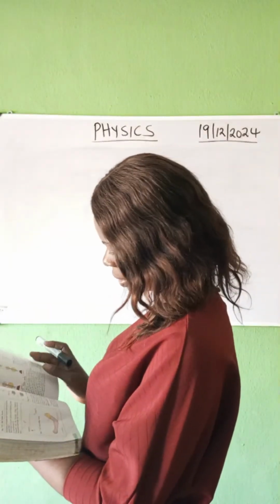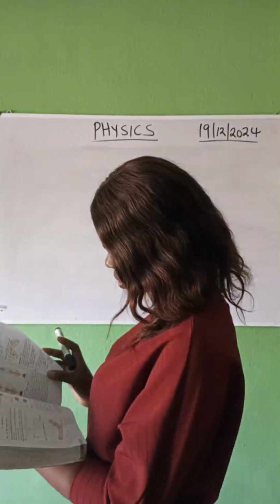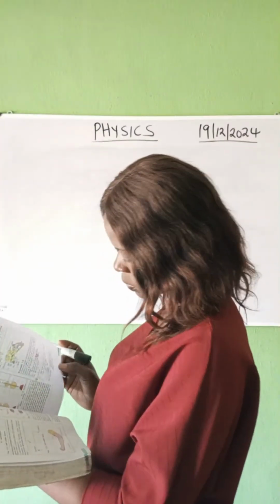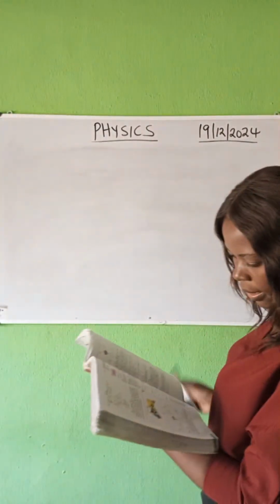So let's look at the next type of machine, which is inclined plane. Number three.